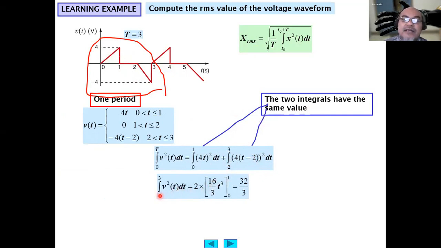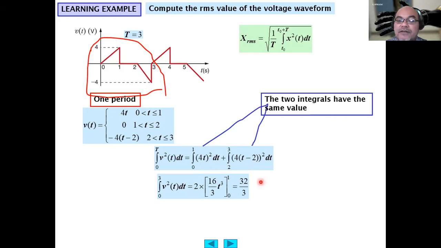So the integral from 0 to 3 of v squared dt equals 2 times, but since it is squared, it is not negative anymore, so it becomes a positive value as well. 2 times 4 squared, which is 16, times the integral of t squared, which is 1 over 3 t cubed from 0 to 1.